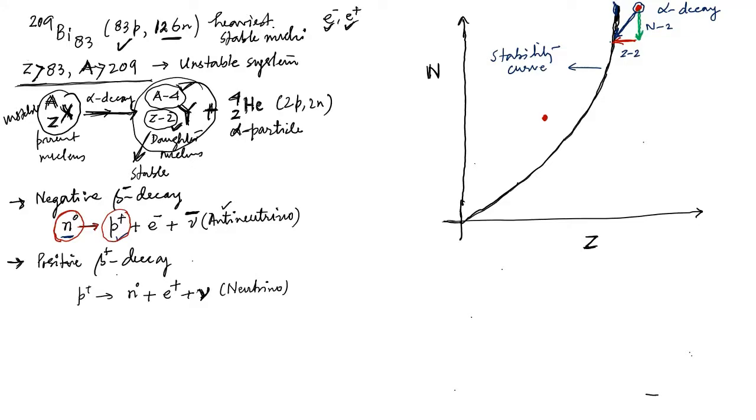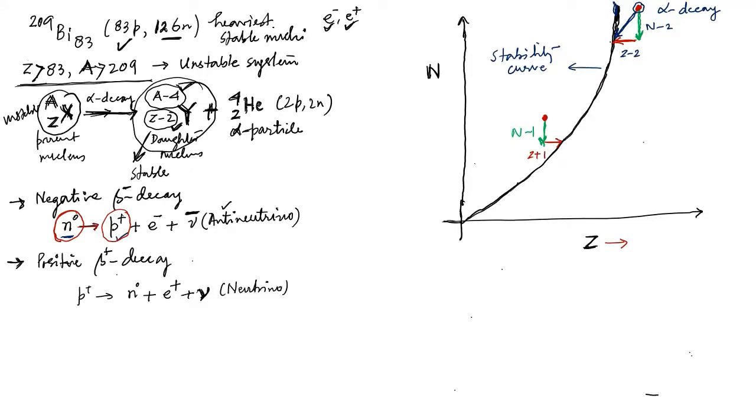So the neutron number will be N minus 1, and the proton number will increase, like I am moving towards here, so this is Z plus 1.